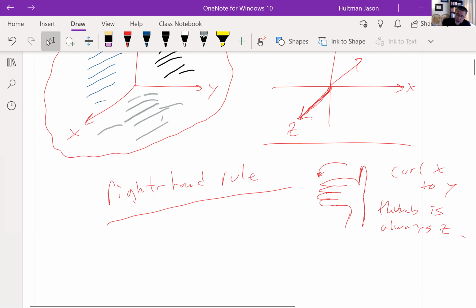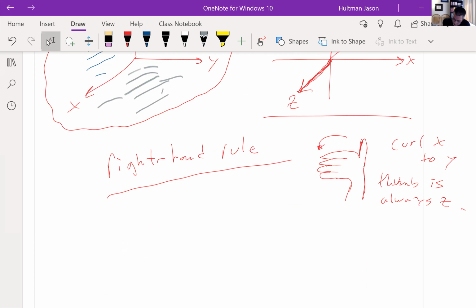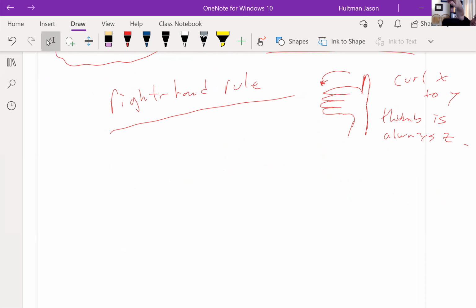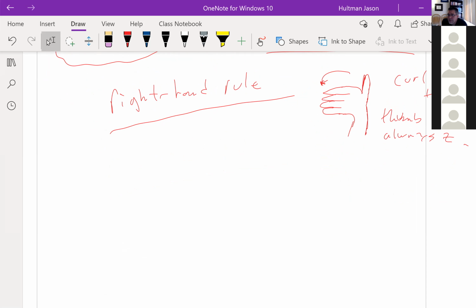Again, that's a little bit easier to see in a classroom as opposed to over a screen. Right-hand rule. It's coming out at you because we're curling there, coming towards you.